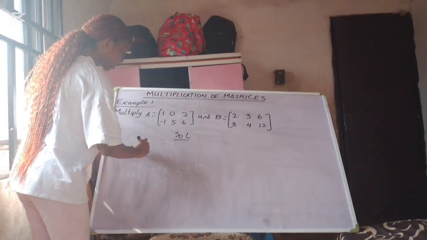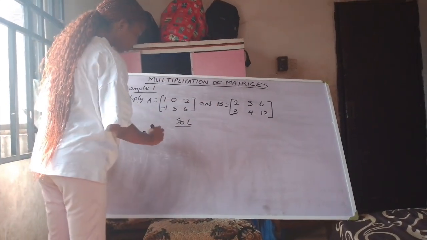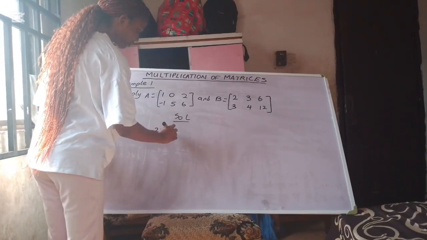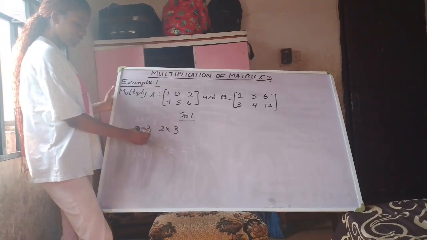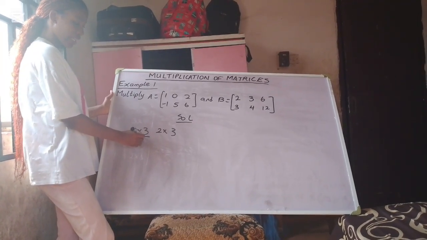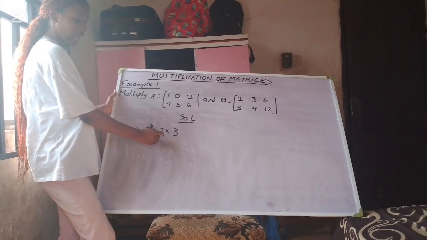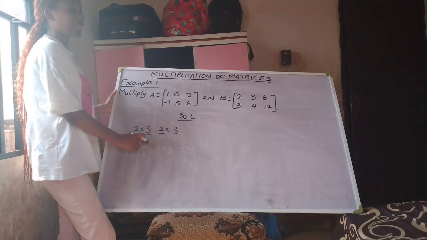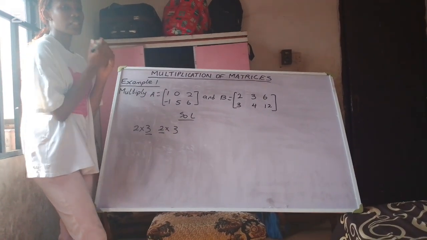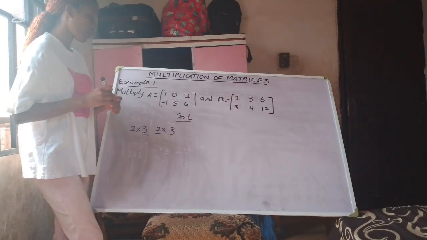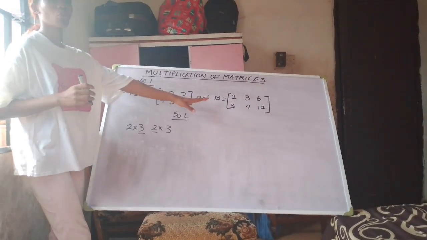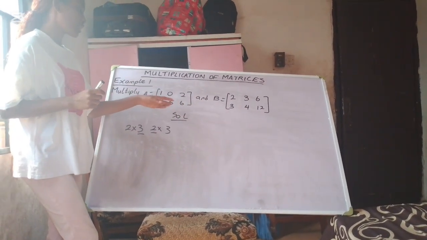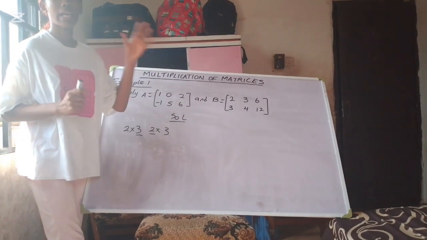Our A is a 2 by 3 matrix, and our B is also a 2 by 3 matrix. Now, as you can see, the number at the end here and the number at the beginning here are not the same, so they cannot marry, meaning that these two matrices cannot be multiplied. So what you can just conclude in your answer is that it is not possible to multiply A and B.